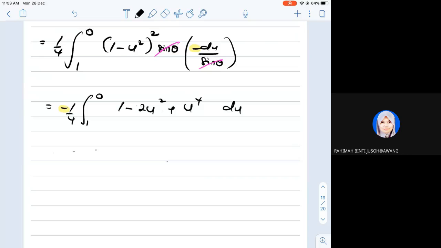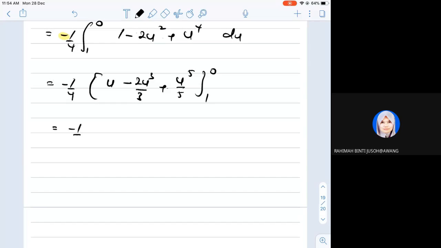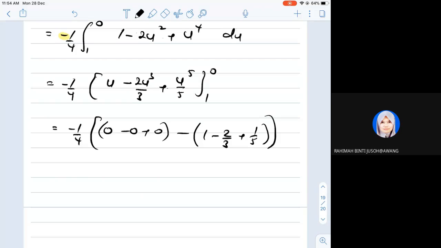Okay, now let's integrate. One quarter, integrating with respect to u, we get u minus 2u cubed over 3 plus u to the power of 5 over 5, from 1 to 0. Like that. So we have negative 1 over 4 times: 0 minus 0 plus 0, minus 1 minus 2 over 3 plus 1 over 5. So the negative is gone.